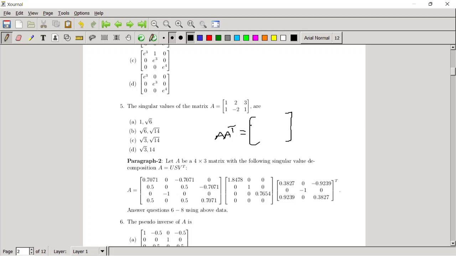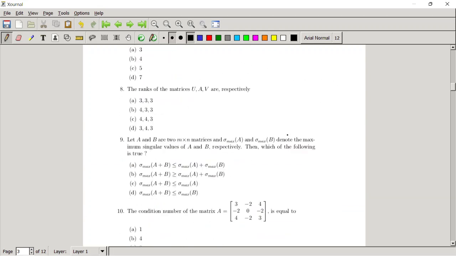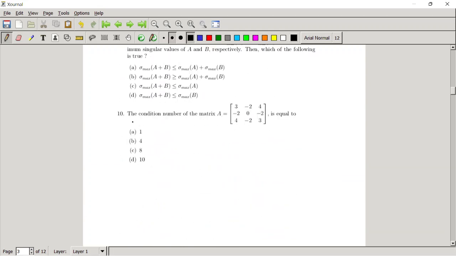Sir, for this question in the assignment which is given to us, question number 10, calculating the condition number, I think the options given are not matching, sir. The condition number is just the norm of A into the norm of A inverse, right?